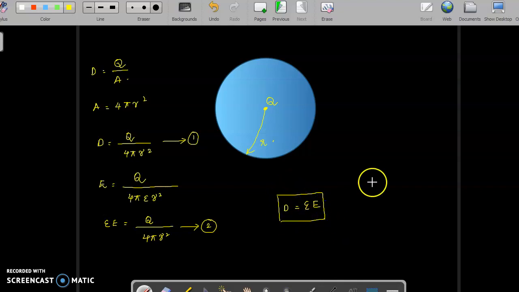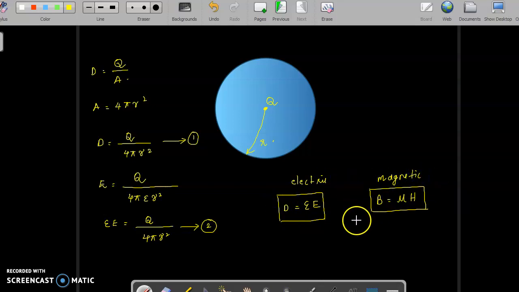This is analogous to the magnetic flux density B. B, we know that it is mu H. This is electric, whereas this is magnetic.